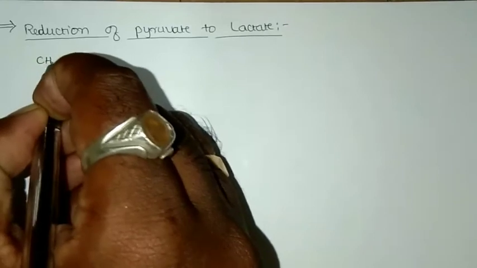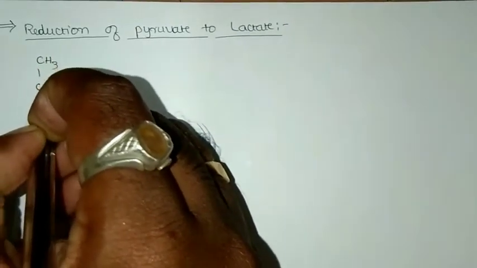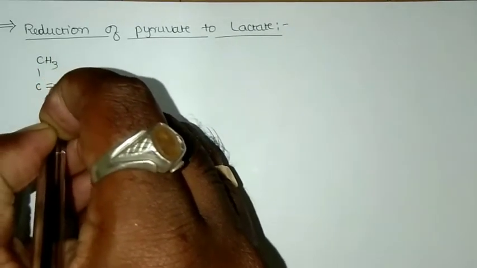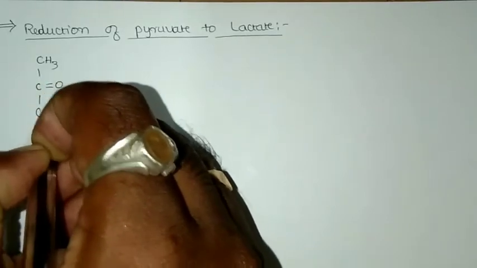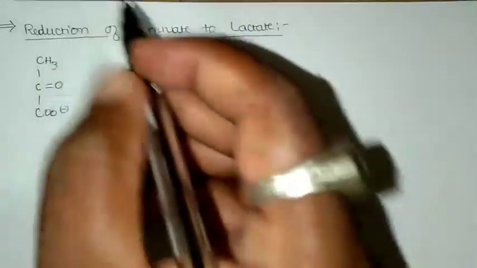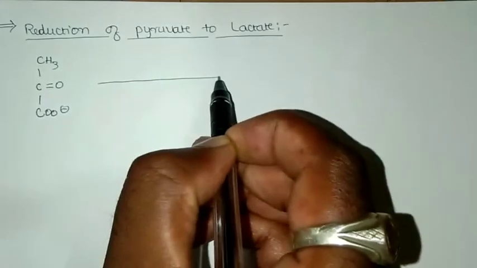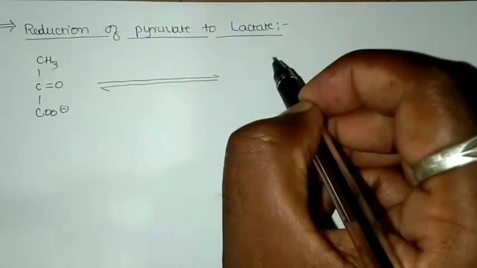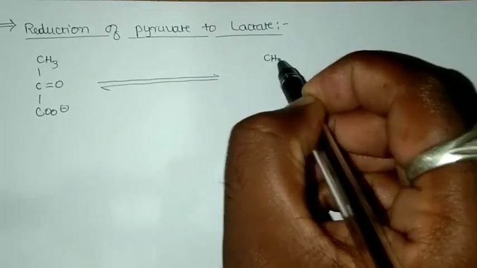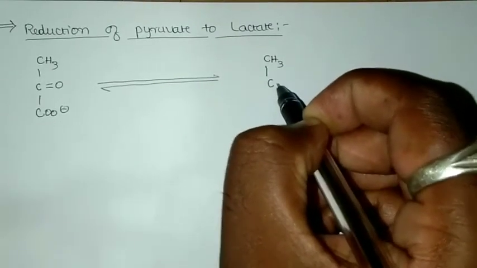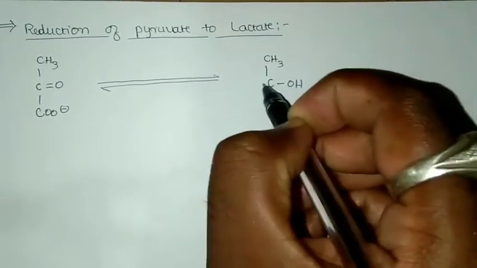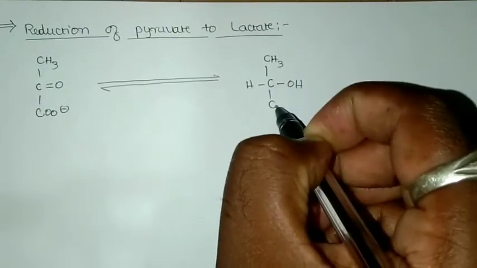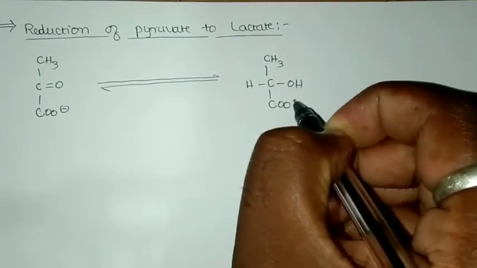First, pyruvate has the structural formula CH3 C double bond O COO minus. In anaerobic condition this pyruvate molecule reversibly changes into lactate, that is CH3 CH OH COO minus.